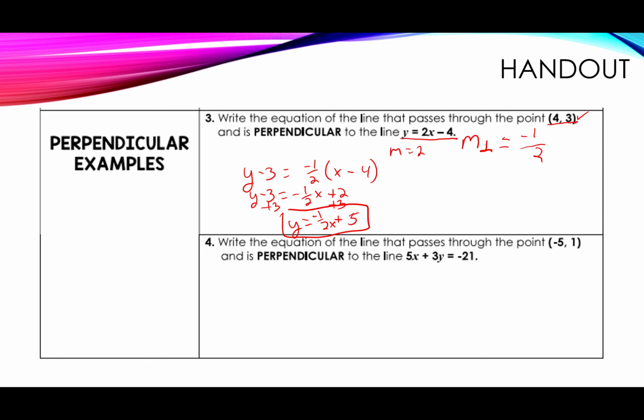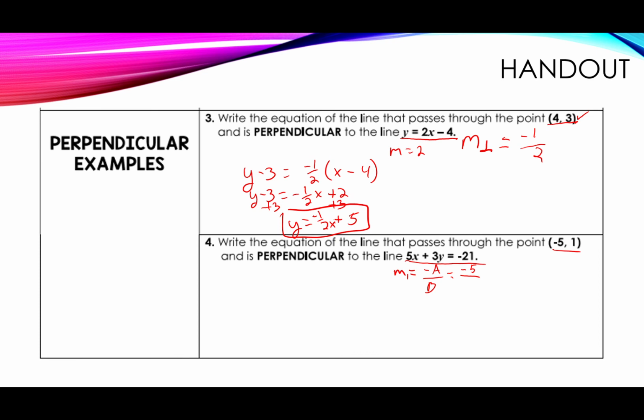So they want a line that passes through (negative 5, 1), perpendicular to 5x plus 3y equals negative 21. Okay, so I've got to find my original slope first. All right, so here's m1, which is just my first slope. And remember, negative a over b is my shortcut that I taught you. So here the a is 5, so it's negative 5.